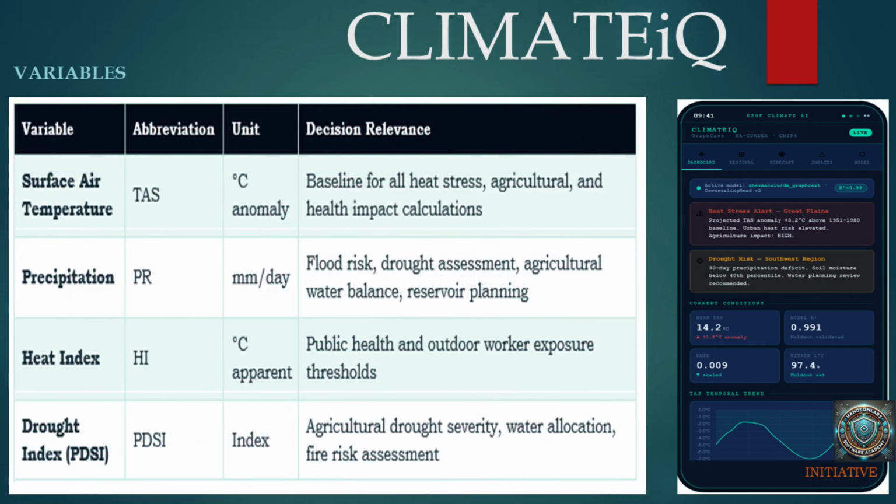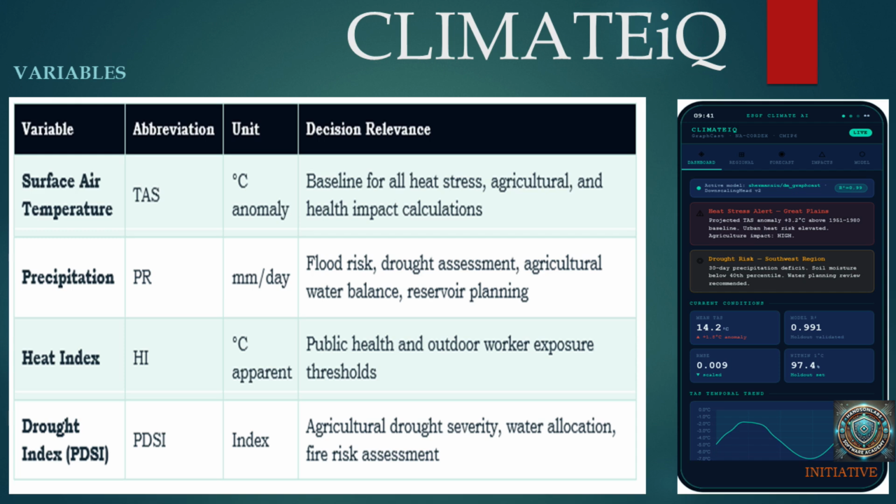Now let's take a look at the variables. We have the surface air temperature, the precipitation, the heat index, the drought index, that's PDSI, and then you have the abbreviation column coming next, then the unit and the decision relevance. You can see there that surface air temperature is the baseline for all heat stress, agricultural and health impact calculations.